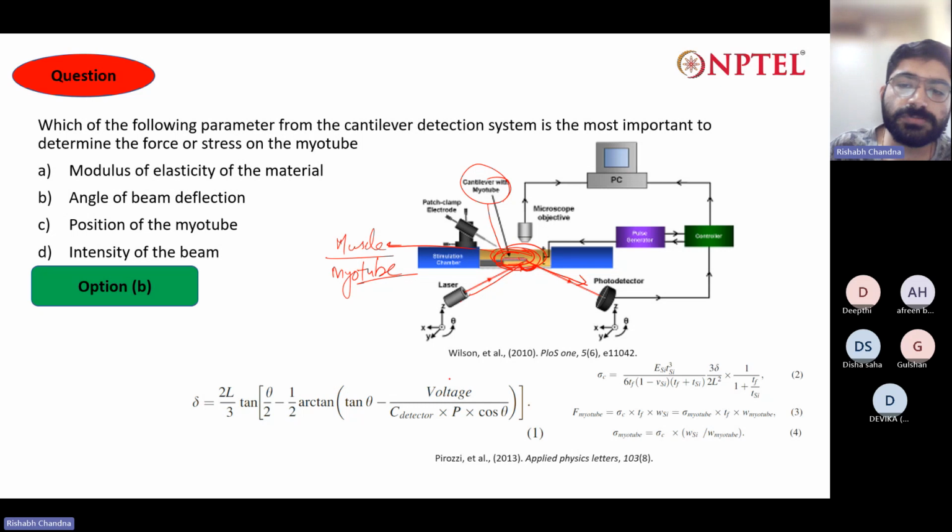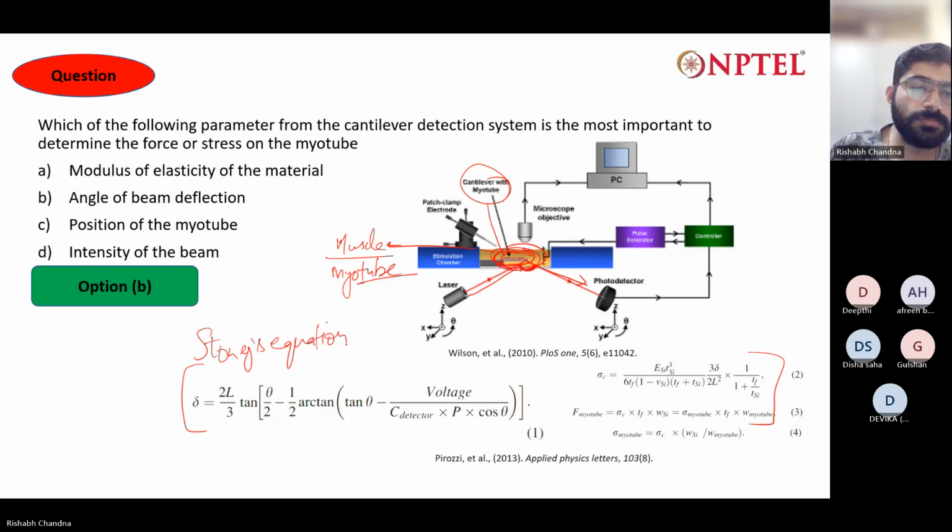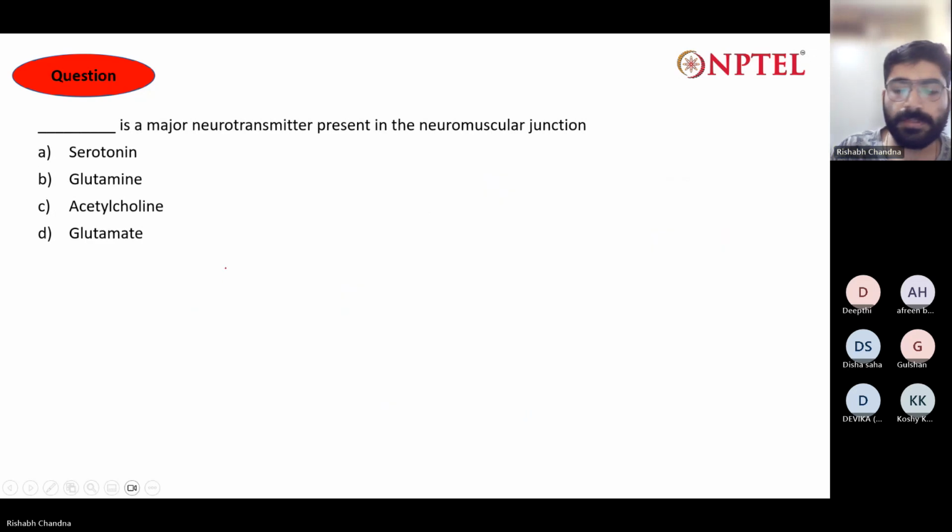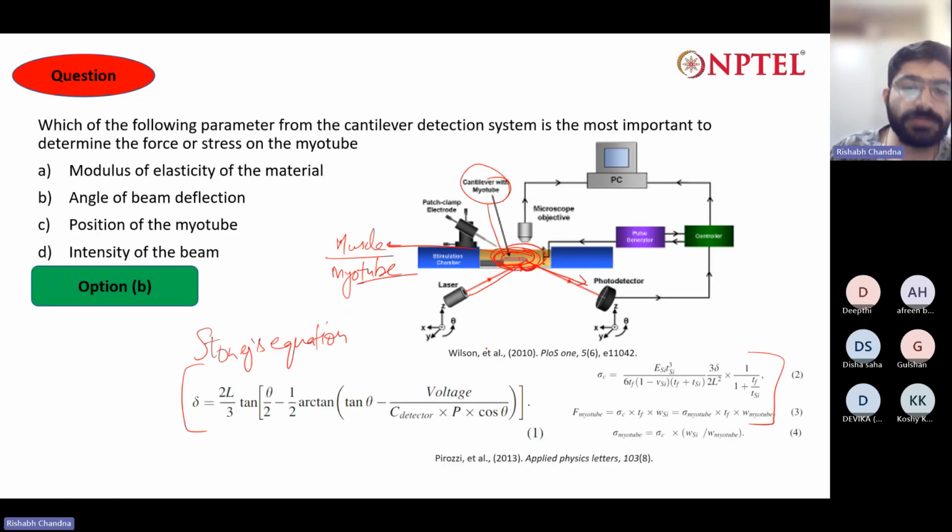Using these particular equations, which belong to Stoney's equation, we generally calculate the force or the stress on the particular muscle that we see.